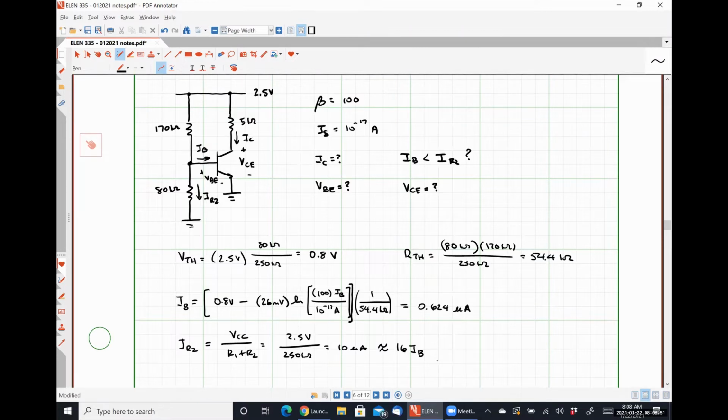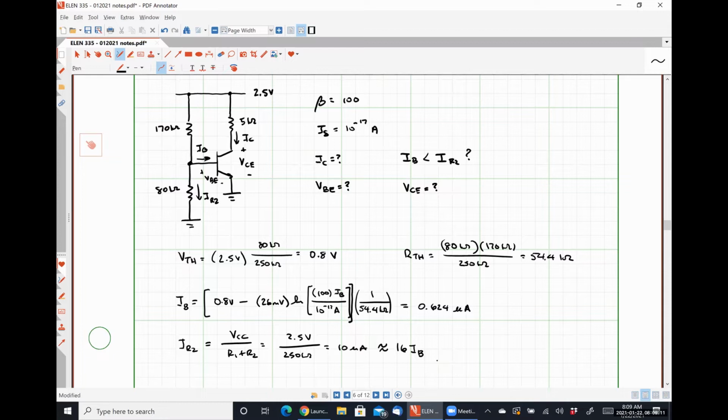Or another way to think about this is that my base current is slightly over 6% of that resistor current, which does not meet the qualifications for neglecting our base current.